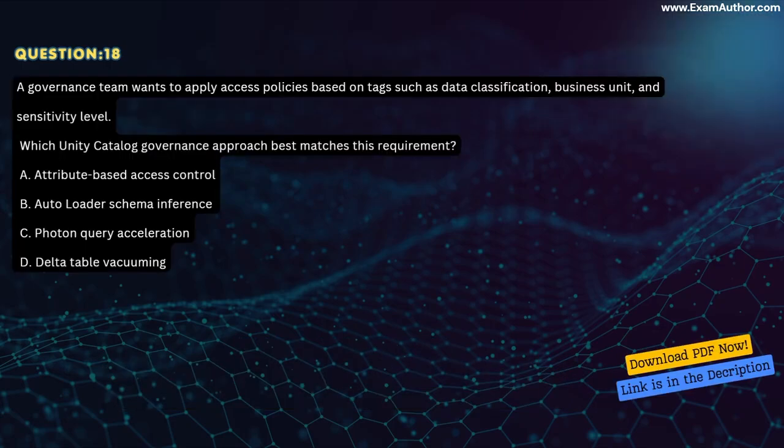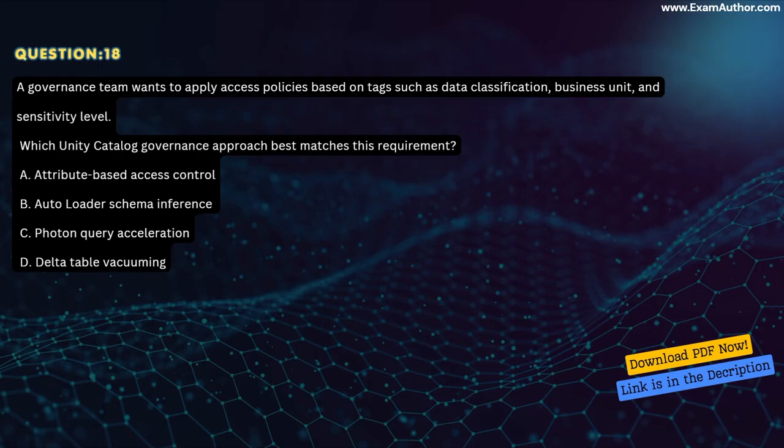Question 18. A governance team wants to apply access policies based on tags such as data classification, business unit, and sensitivity level. Which Unity Catalog governance approach best matches this requirement? A. Attribute-based access control. B. Auto Loader schema inference.